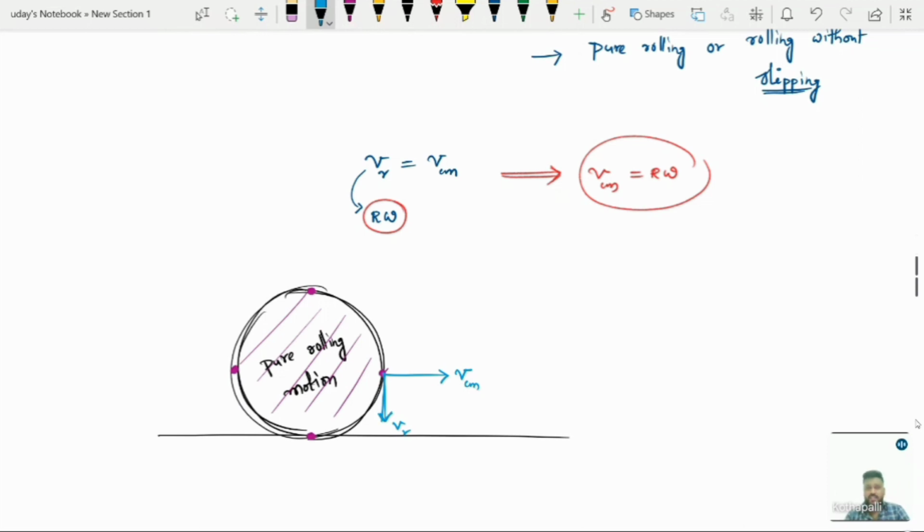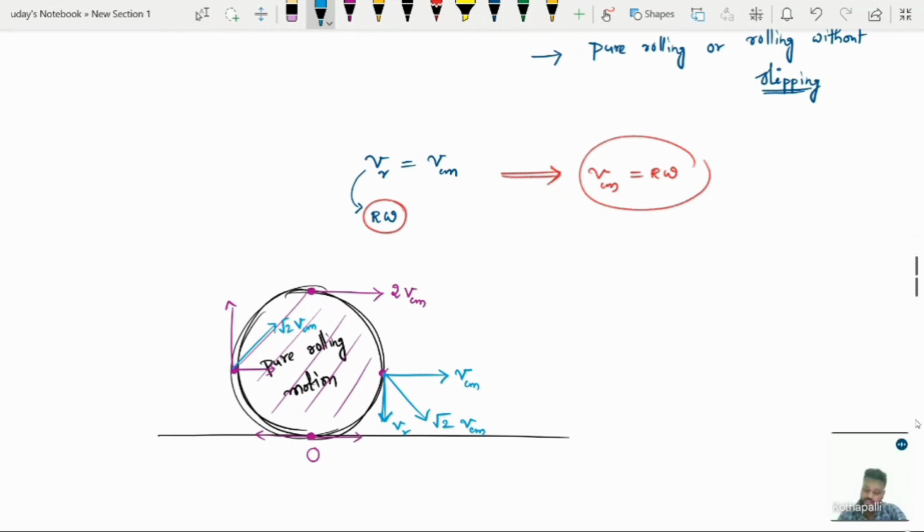But in pure rolling both are equal, right? So this will be root 2 times of VCM. Why? The two vectors are perpendicular to each other and the magnitude is the same, so it will be root 2 times of the magnitude. This point will have 2 times of VCM. This point will have 0 net velocity. And this point will have root 2 times of VCM.